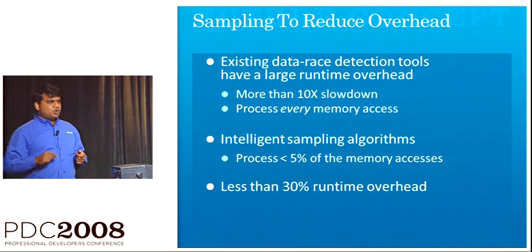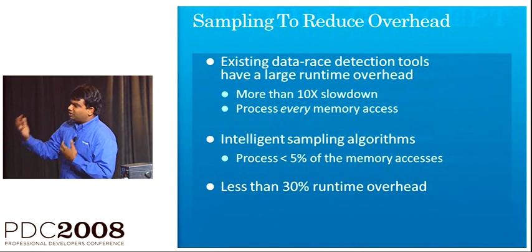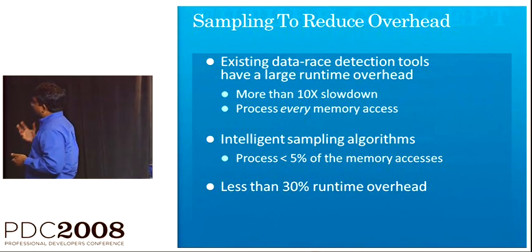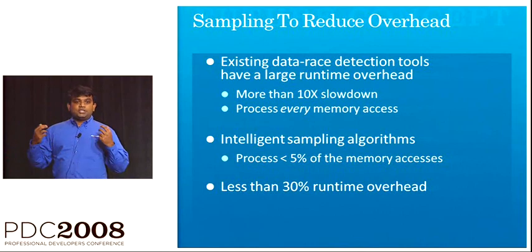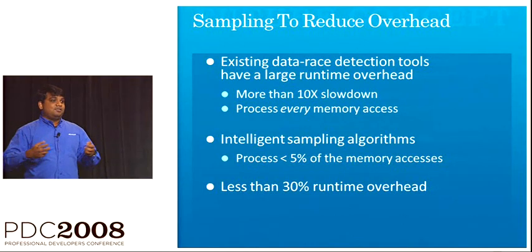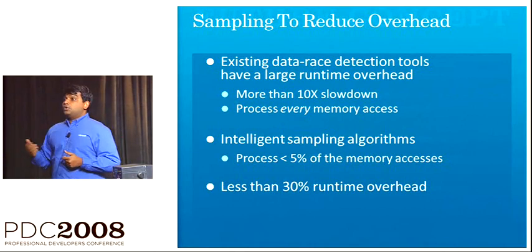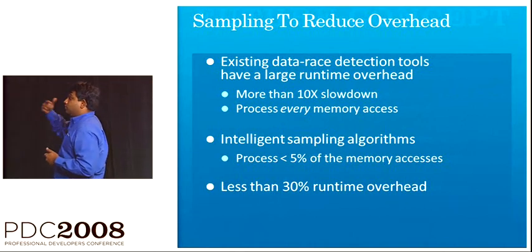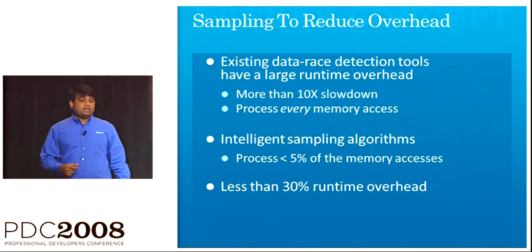You only need to process those memory accesses that participate in a data race. That's what you want to do. And so what we have in Featherlight is a neat sampling algorithm that uses heuristics to predict if a particular memory access is going to result in a data race. So it actually uses some predictive behavior to identify data races.